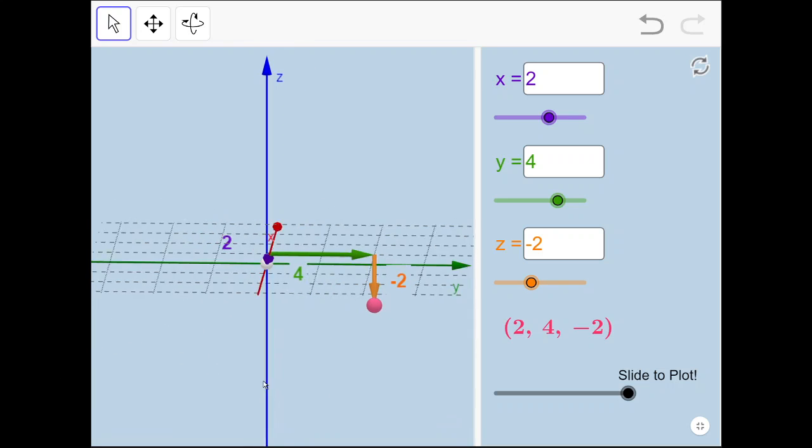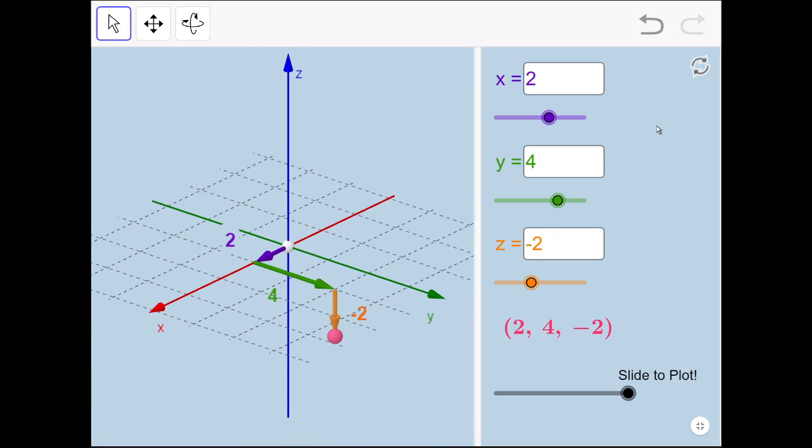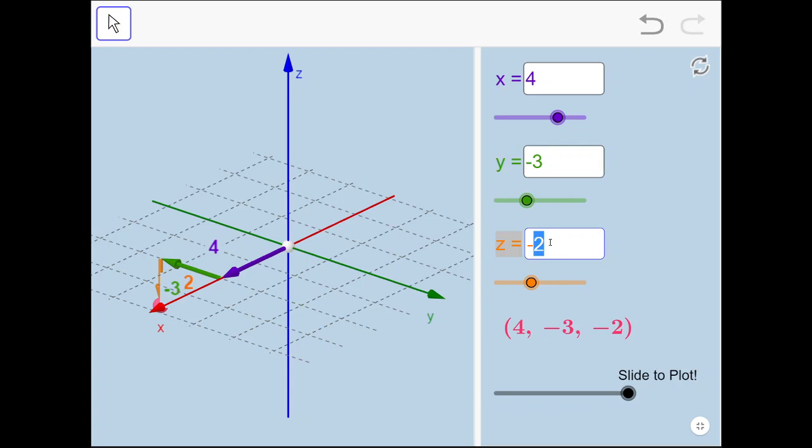Now let us play with it a little further. You can put any other point. Maybe we could put 4 here. We could put a minus here, -3, and let z be -2 itself. 4, -3, -2. This is the point. So let us plot that. This becomes 4. I have changed the scale.